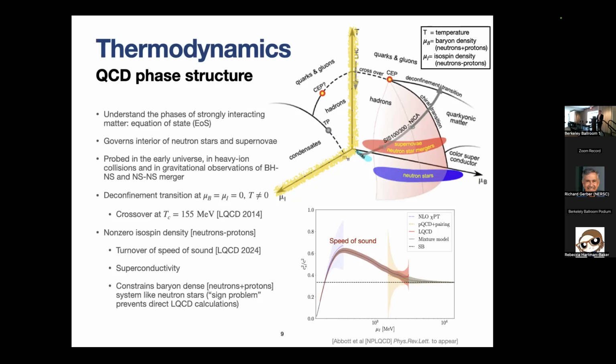It's also been demonstrated that there is superconductivity in this system at large densities or chemical potentials, and the first determinations of the superconducting gap have been made. Interestingly, although what we really want to know about is somewhere out in this mu B, mu I plane on this plot here where neutron stars are, the calculations along this mu I axis itself can be used to put rigorous bounds on what the pressure, for example, is anywhere in this plane.